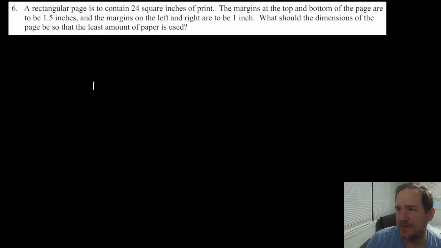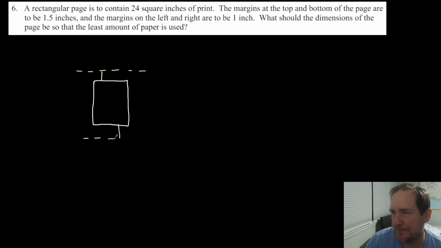So that means we need 24 square inches on a piece of paper. But that's not the piece of paper. That's just the area that we can actually print in. So what they're saying is if we go up and down by 1.5 inches, that creates margins up above, right?